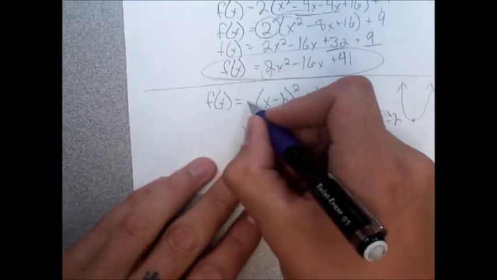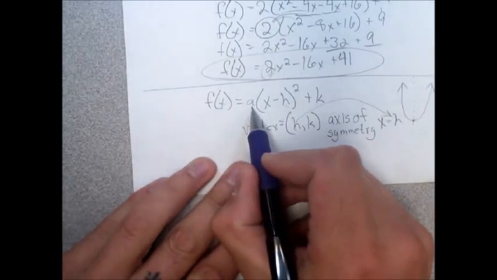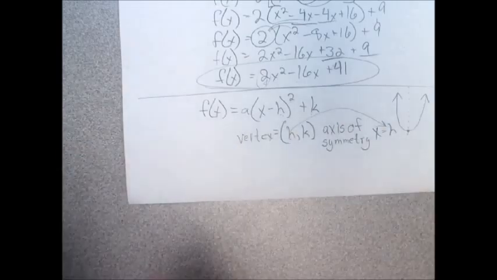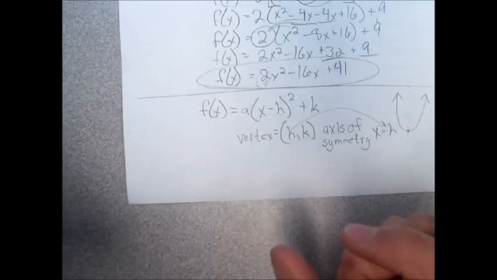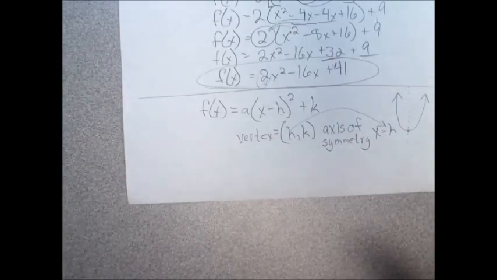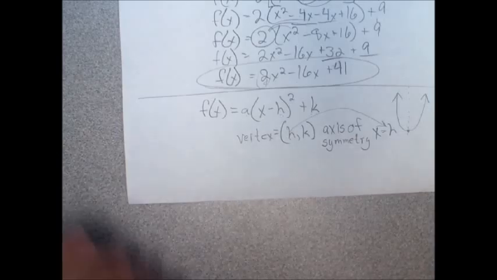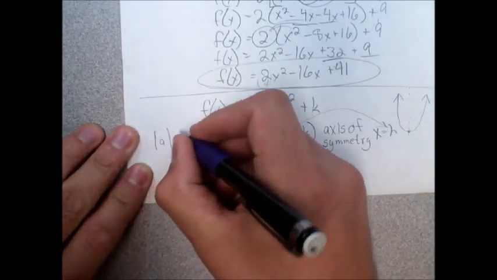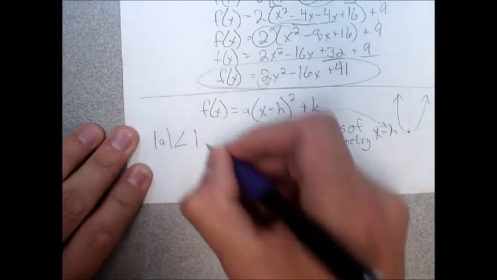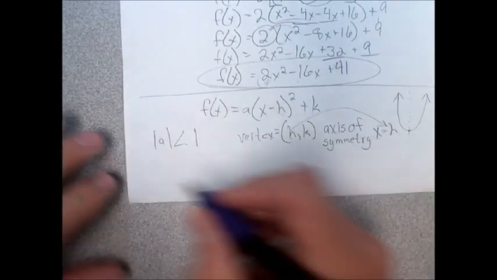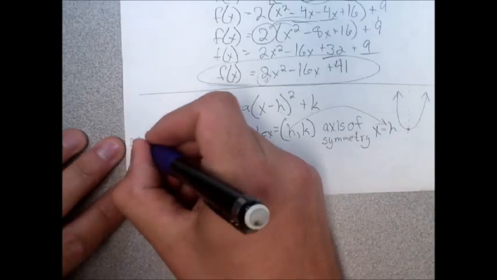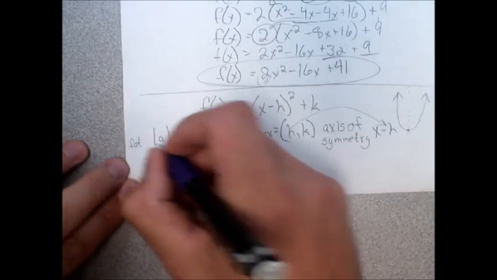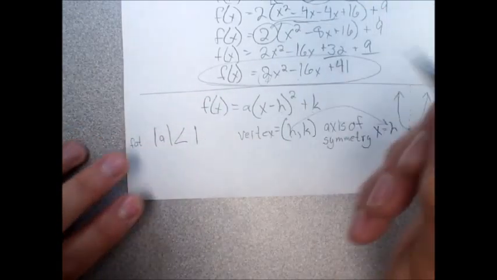Up here we'll see an A. I left room for it. But that just tells you how fat or skinny it is. And that will basically talk about compressed or stretched. So stretched is when it gets skinny, and compressed is when it gets fat. So when we see the absolute value of A is less than 1, that's when it's going to get fat. But in reality, it's called compressed.